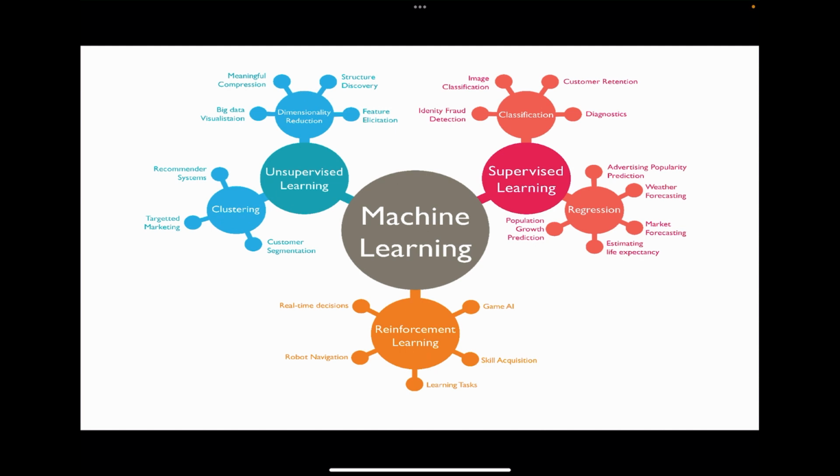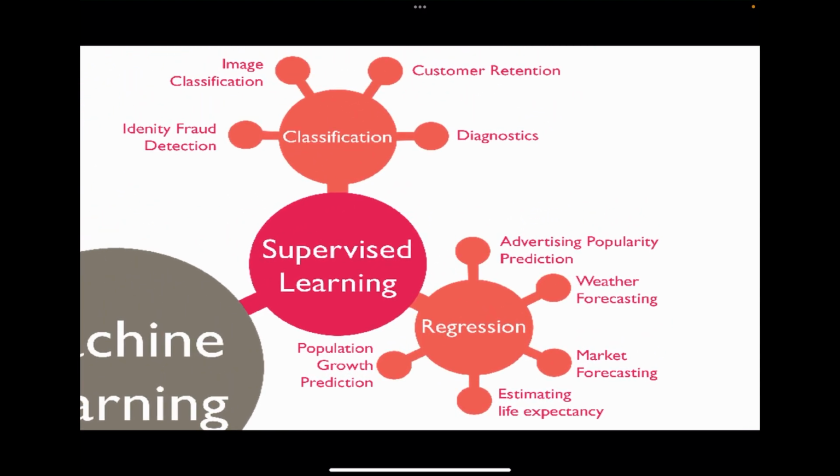So machine learning has three important paradigms. These are supervised learning, unsupervised learning, and reinforcement learning. So let us see what is supervised learning. So supervised learning is basically a study of algorithms in which we have the training data in which both the input and output is available.